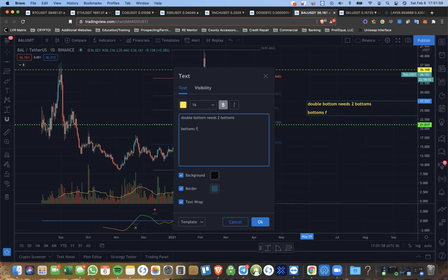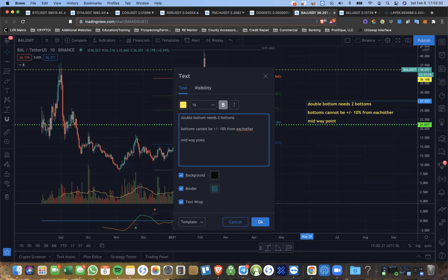Bottoms cannot be, give or take, or I could say plus or minus, 10% from each other. Man, my typing sucks today.